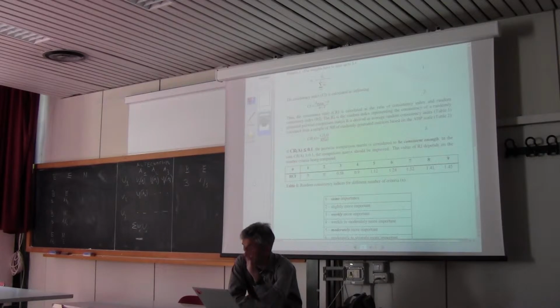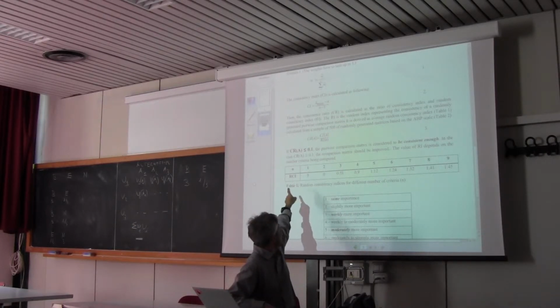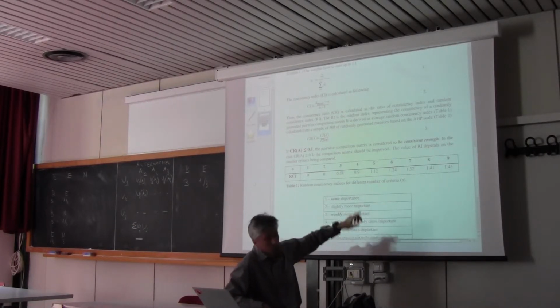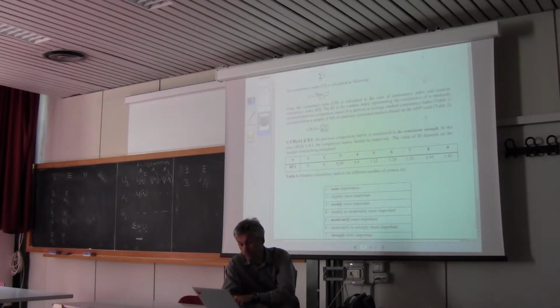It doesn't care about consistency. This is a baseline. And this consistency index of a completely random matrix, the value is given in this table here, depending on n. So this table gives you the reference value.